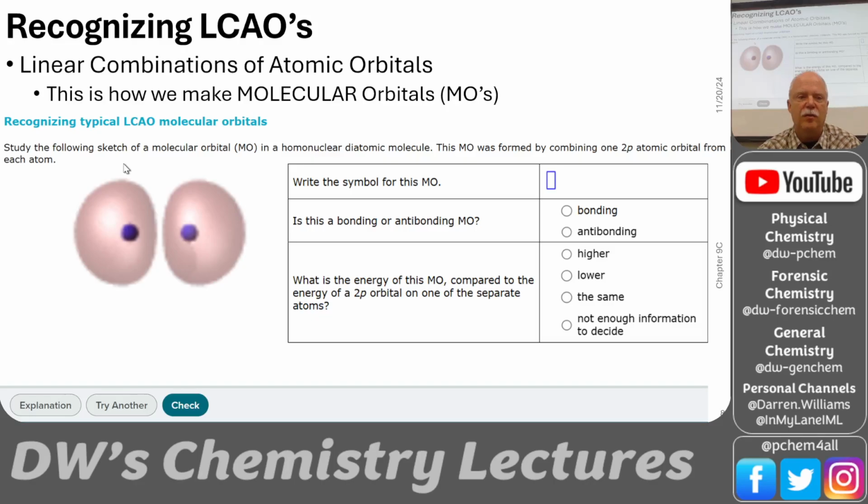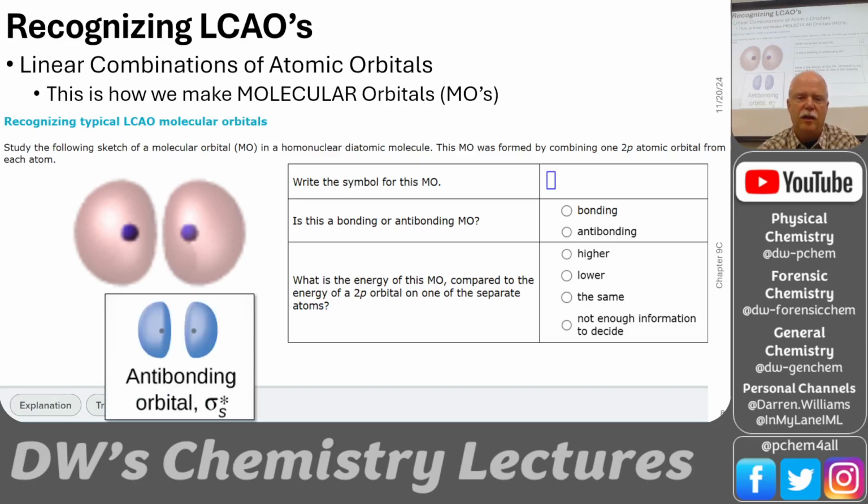Whereas this one has a node that breaks the bond. It's very similar to this antibonding orbital, sigma star. So antibonding, and it's going to be higher than the energy of the atomic orbitals.